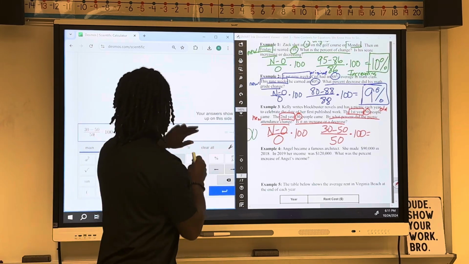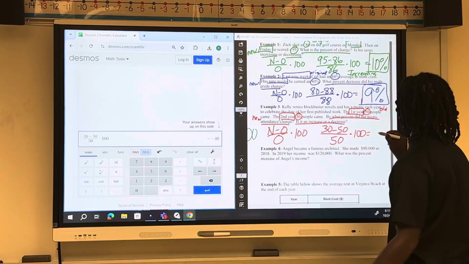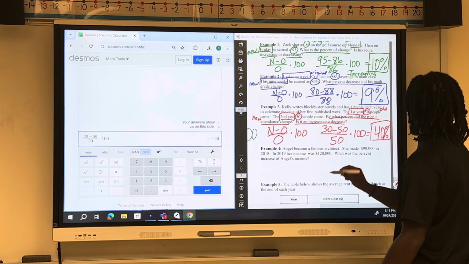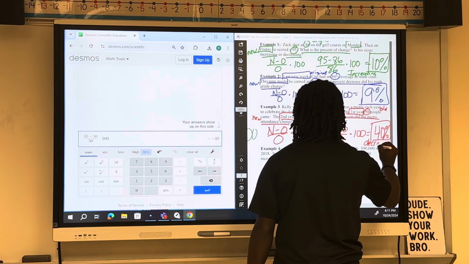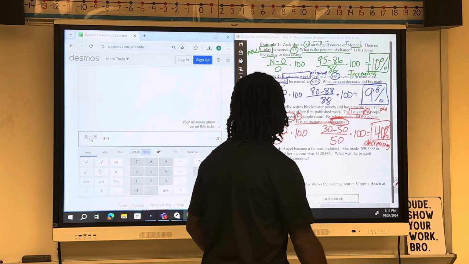All right, and that gives us negative 40. Okay, which again, I'm going to drop that negative. What does that negative tell us? Tells us that it's decreasing. So it is decreasing. All right, it's decreasing.